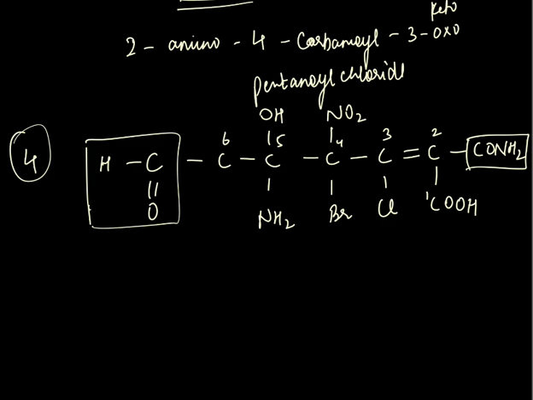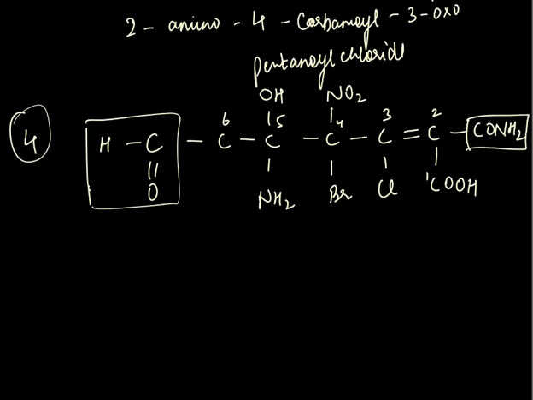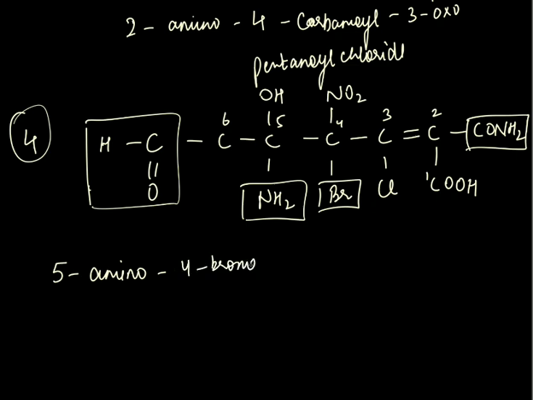Now coming to the naming part, you have to keep so many things in mind, and the most important part is the alphabetical order that you have to cover over here. So we can start from here. NH2, amino, A. The next will be what? B, 4 bromo. Then we can take C, carbamoyl.